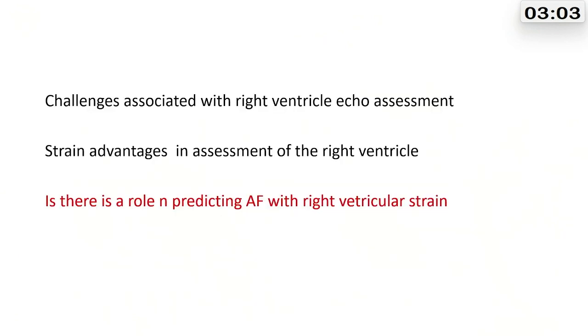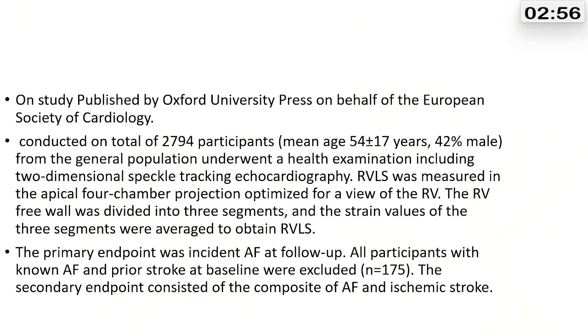So is there a role for predicting atrial fibrillation with right ventricular strain? This is the question. There are a lot of studies, but I chose one close to us in Oxford. We are in the process of publication and are collecting cases for it. About 3,000 patients. You exclude patients who are known to have previous atrial fibrillation or previous stroke.